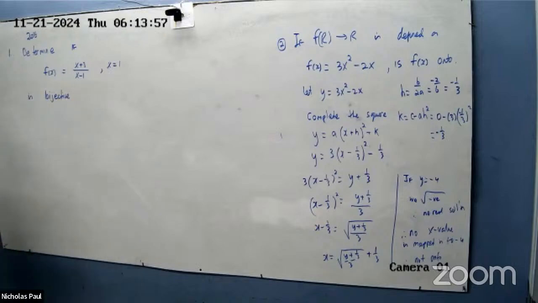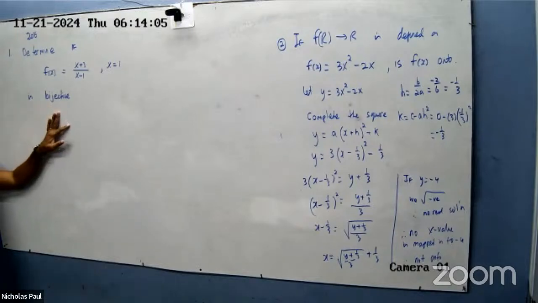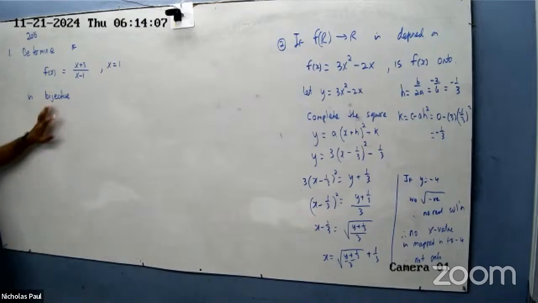Okay, so you have to determine if the function is bijective. Right, take your time, do the injective first, right? And then do a little sketch and figure out if it's onto.